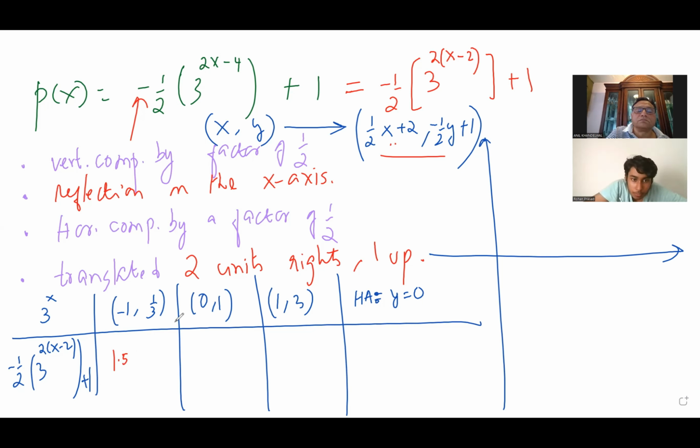And if y is 1/3, then the new y would be negative half multiplied by 1/3, plus 1. That would be negative 1/6 plus 1, so that would be 5 over 6.